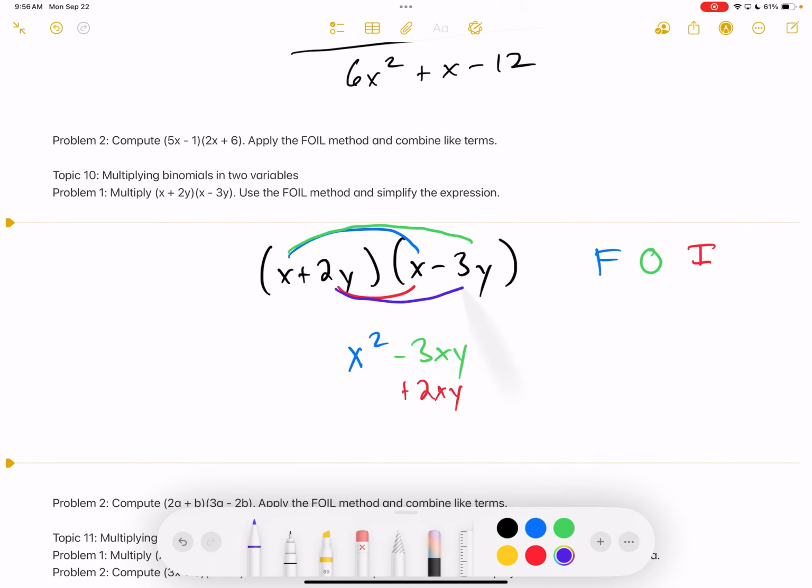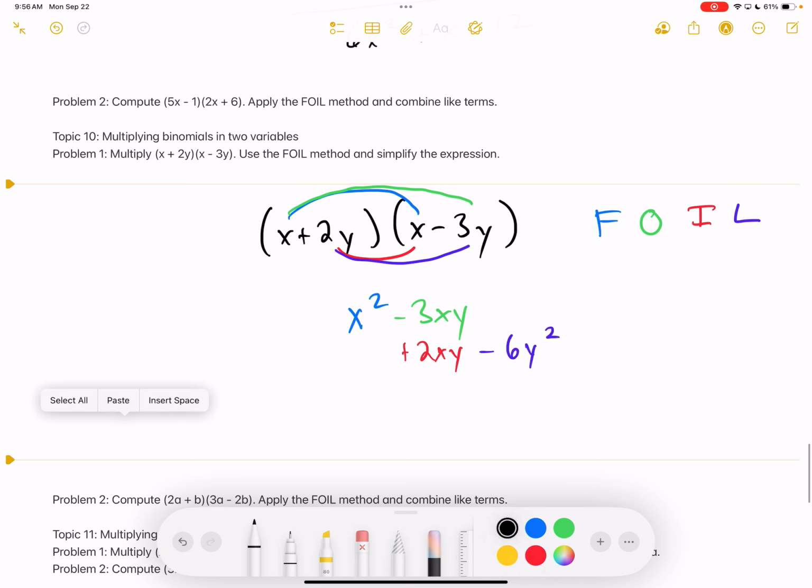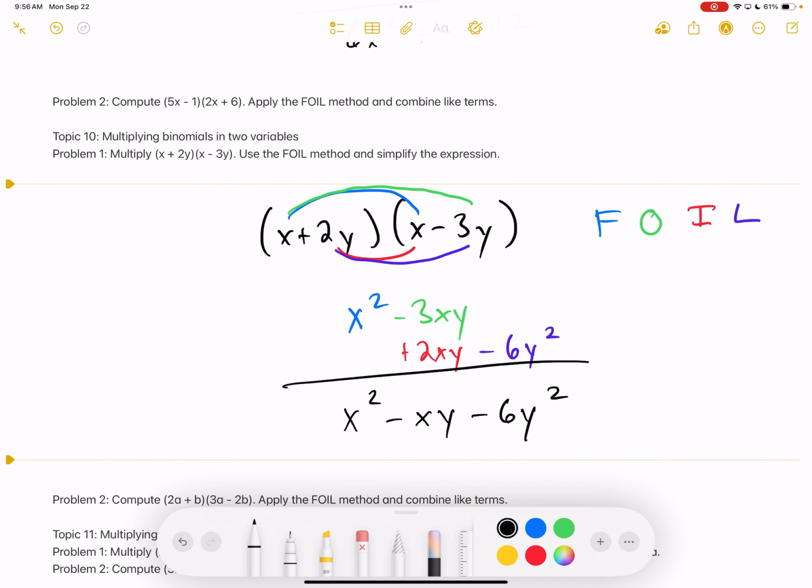And my last here, 2y times negative 3y would be negative 6y squared. So now I combine like terms. X squared, negative 3 plus 2 would be negative 1. You can always combine the outside and the inside on these. I shouldn't say always, but almost always.